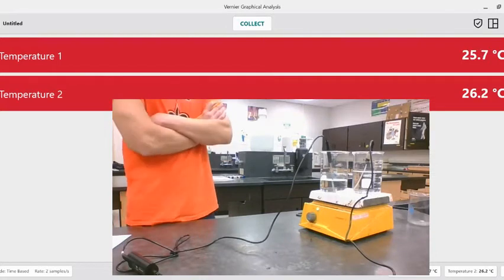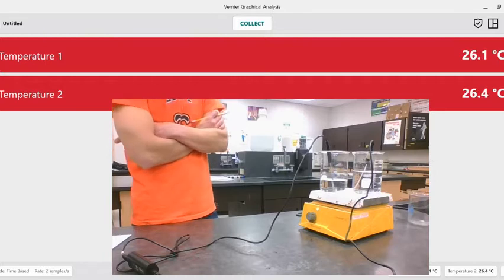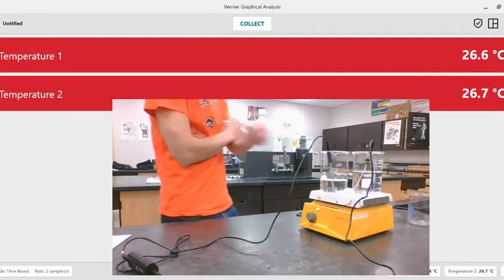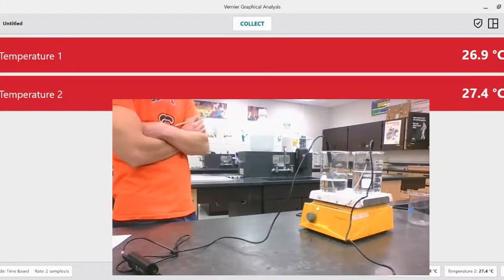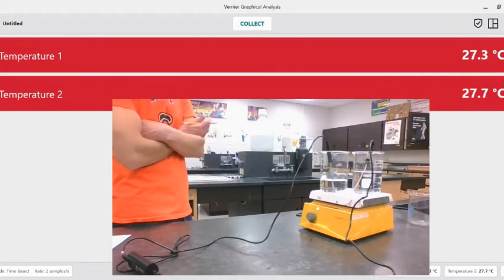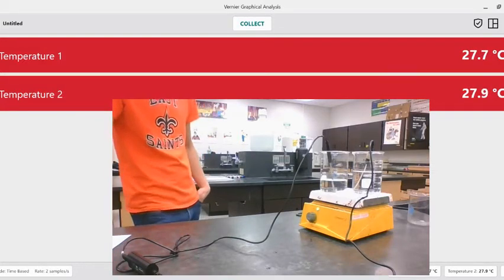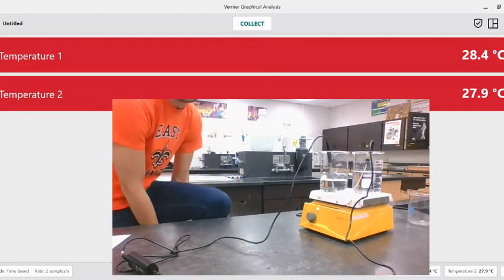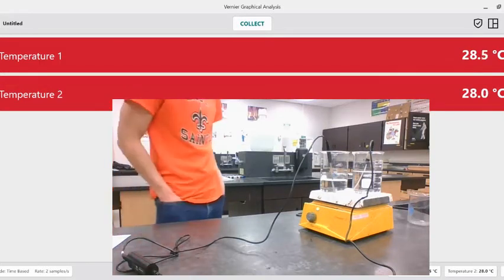So we'll readjust from where that temperature was right now. But really, they started at almost the same temperature. I think beaker 1 here with less water was a little bit higher, but it was pretty close. So we're going to assume they started at the same temperature, even if we had slightly different initial temperatures. Okay, and now we're just going to let these sit and go up to 40 degrees Celsius.